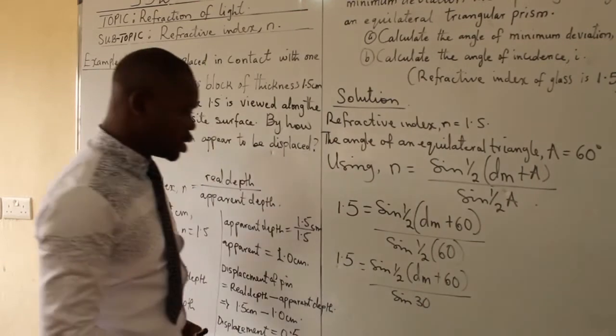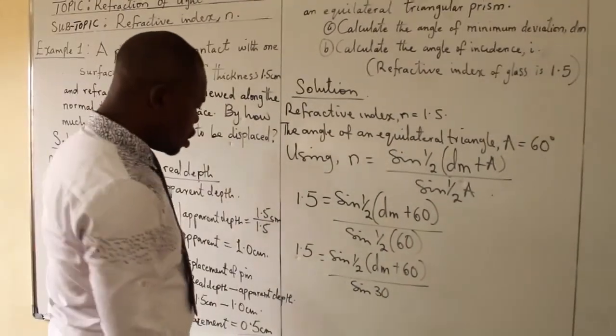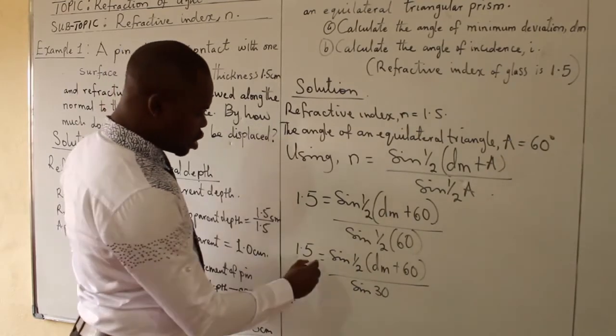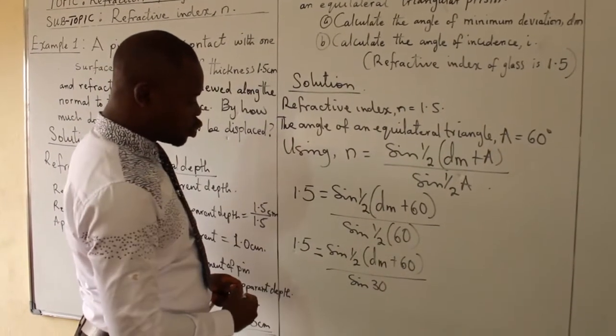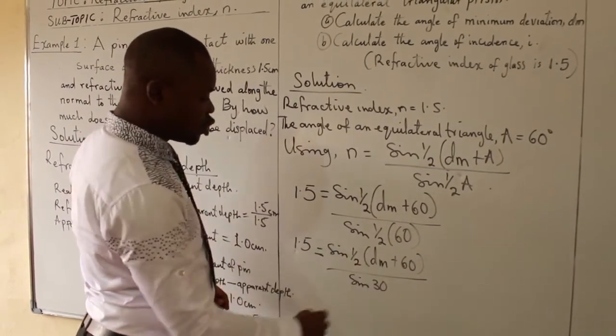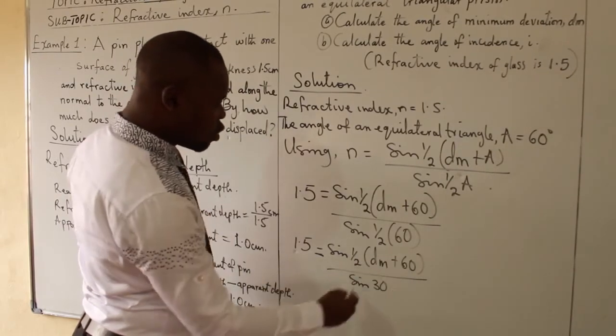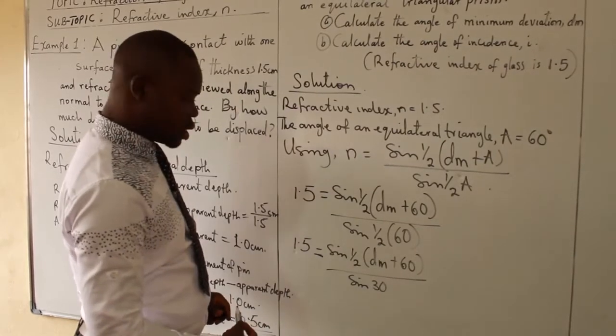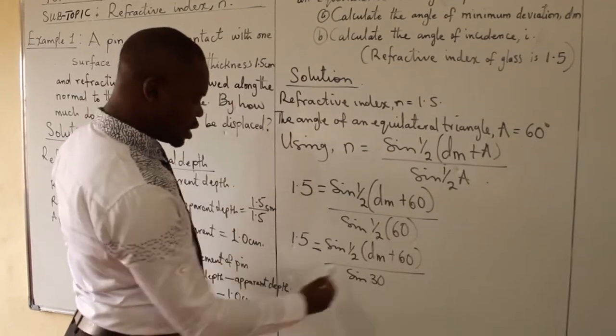So we have 1.5 equals sine 1/2 of the minimum deviation plus 60, all over sine 30. This 30 is from the half of 60.